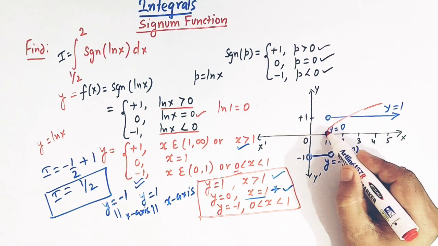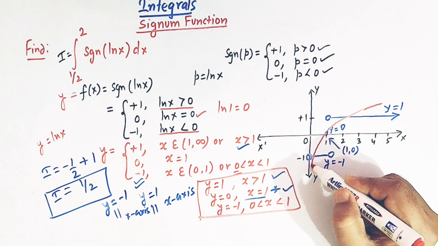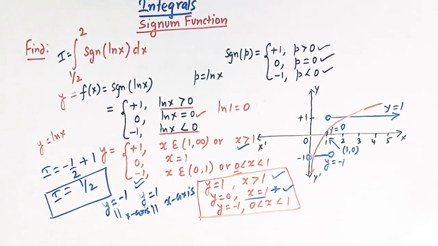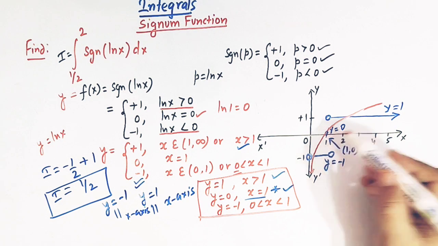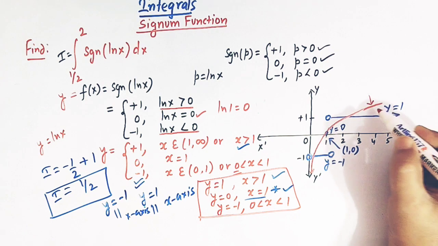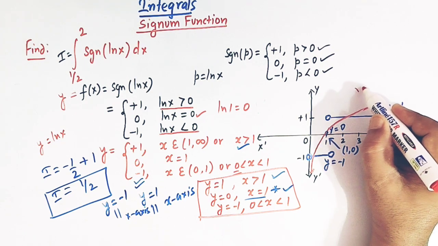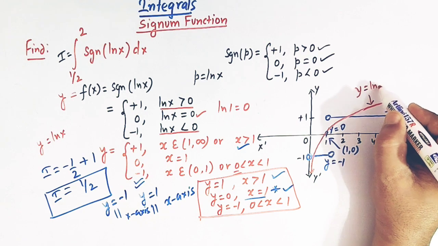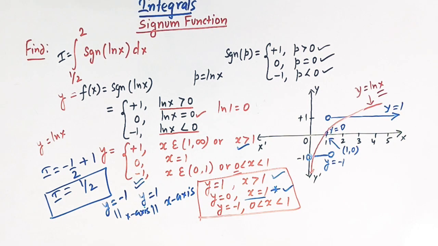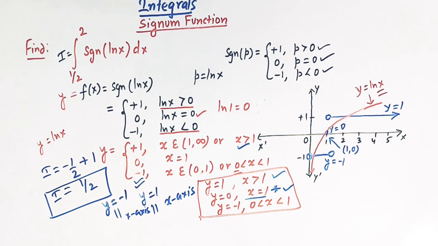So here we have 1, and the graph of log x goes like this. So this is a rough diagram. So this graph shows that this is y is equal to log of x, right? So viewers, this is how we can solve this integral, and we can draw the graph of signum of log of x.